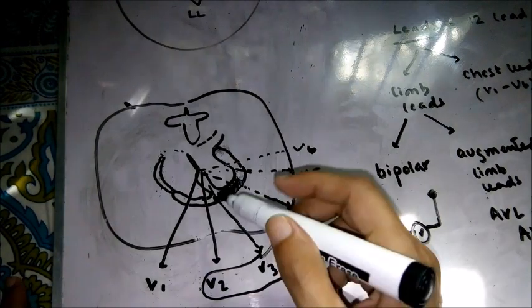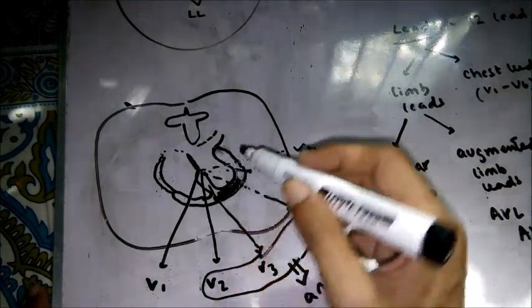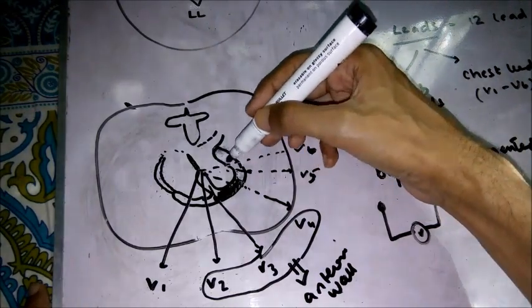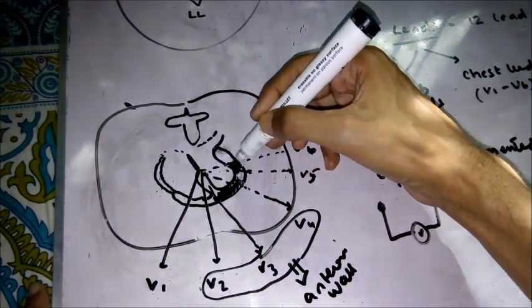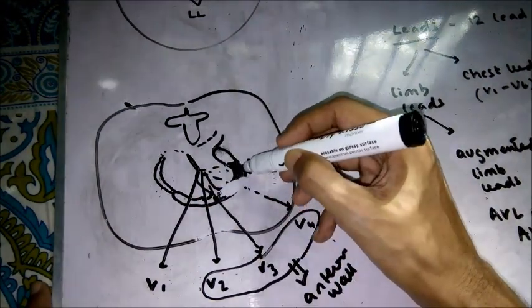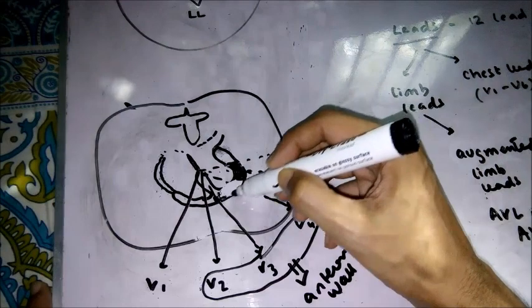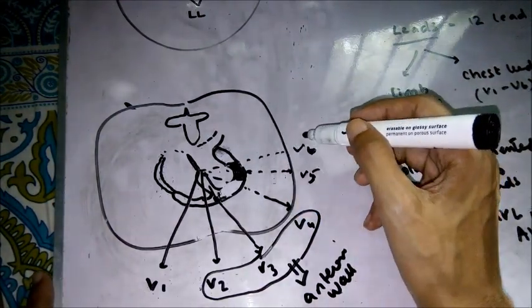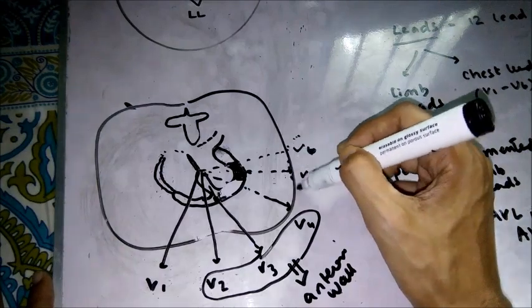Then sometimes what happens is that there is another wall which is known as the lateral wall. So a person could have an MI which could involve the lateral wall, right? And the leads we look at to find whether the lateral wall is infarcted are V5 and V6.